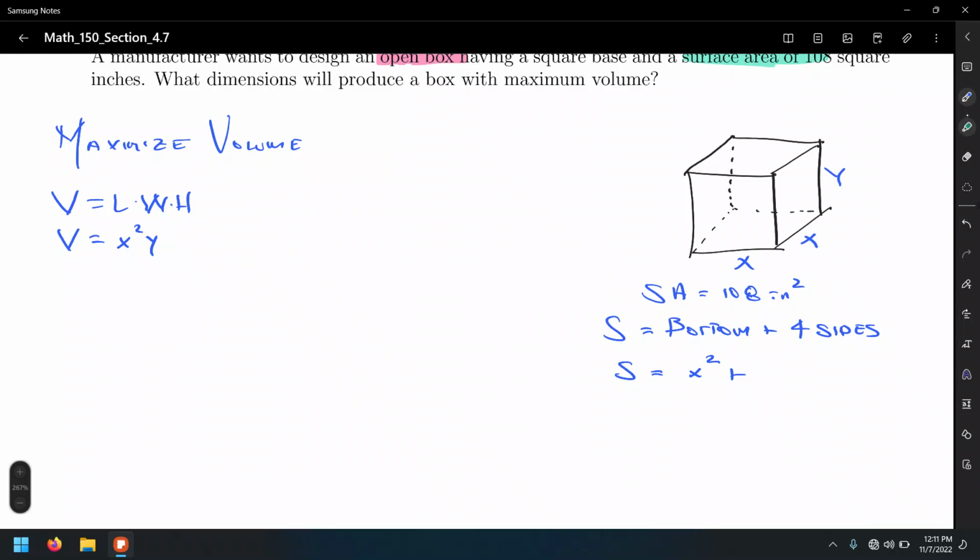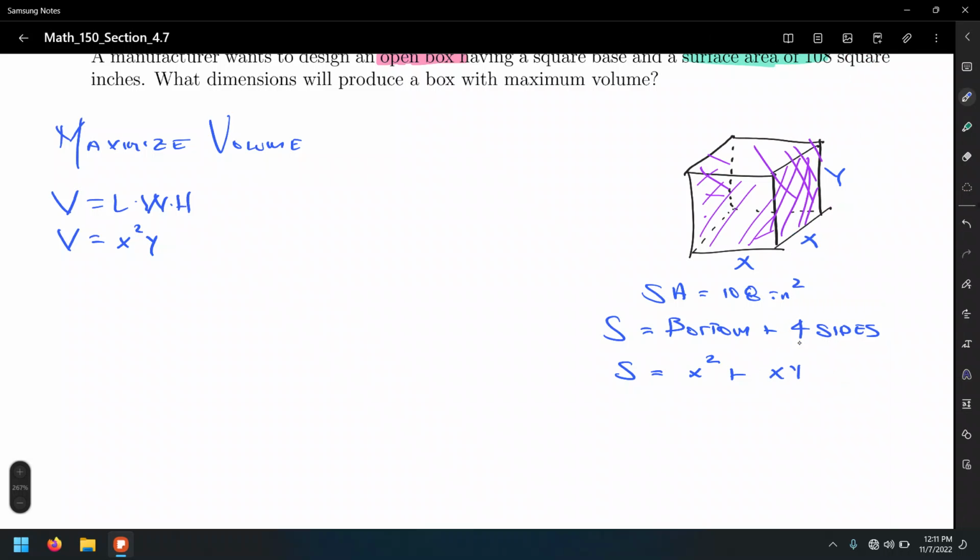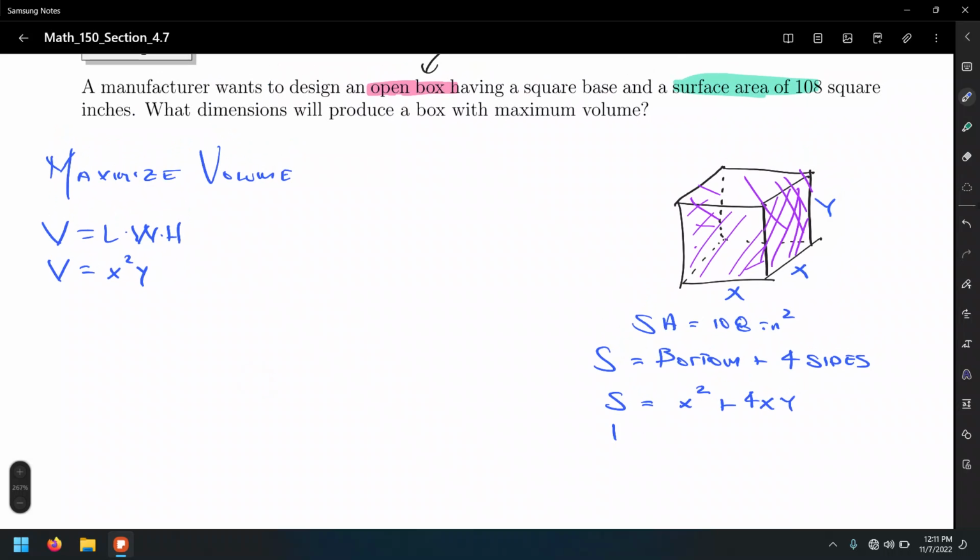To find the area of a side, whether this side or that side or the side in the background, those sides are given by x times y. Don't forget to multiply by 4 because we have 4 sides. And we're given the numerical value of S, the surface area, which is 108. So 108 equals x squared plus 4xy.